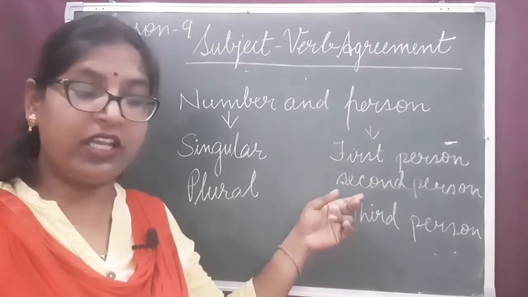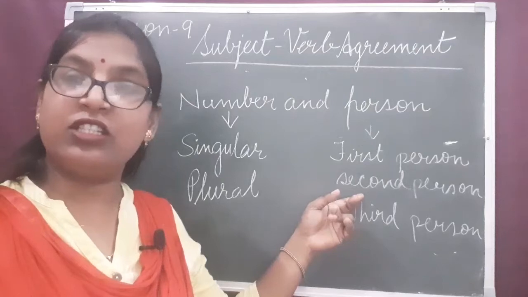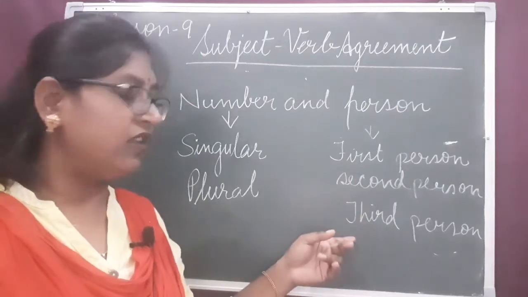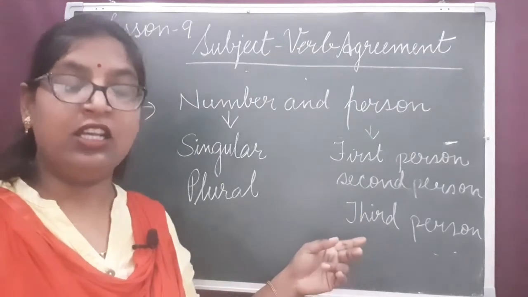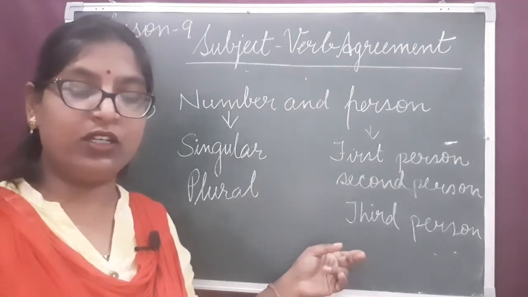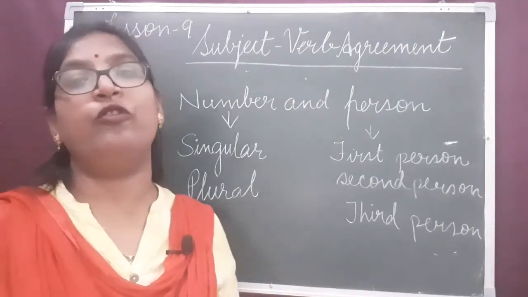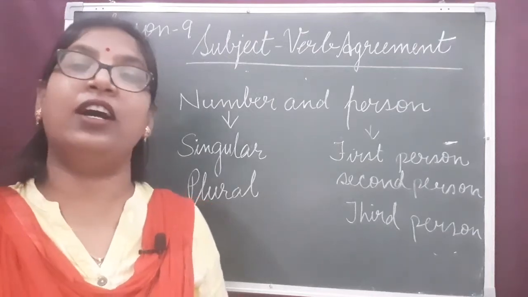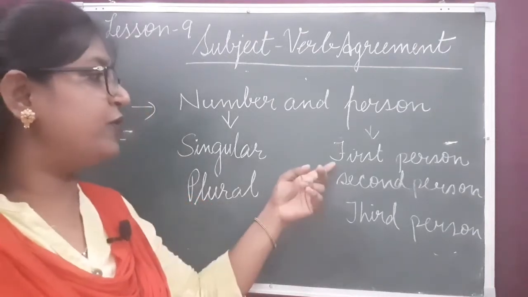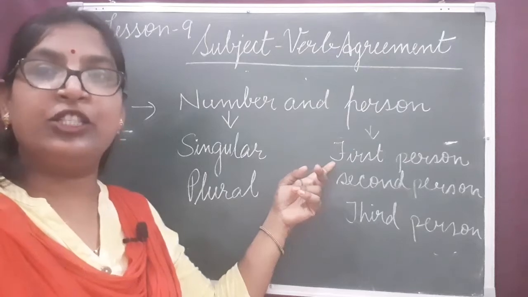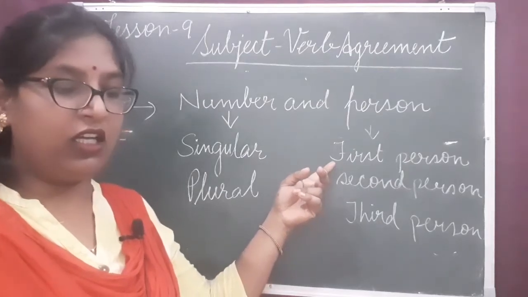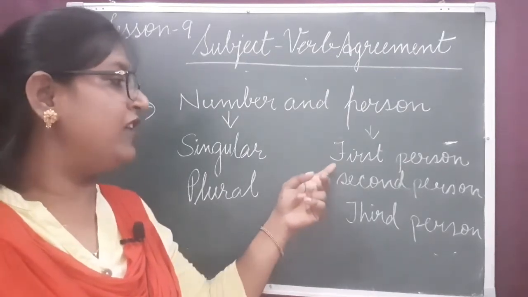The second person is the person spoken to. And the third person denotes the thing or person spoken of, or about whom we are talking. First person denotes the speaker, the person who is speaking.